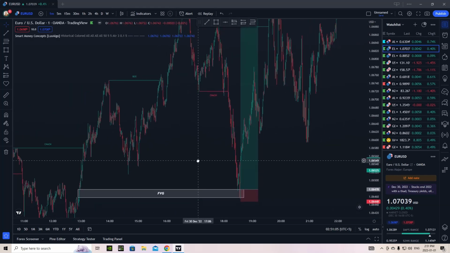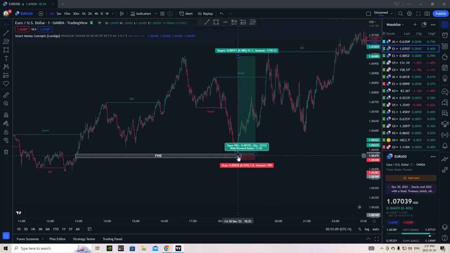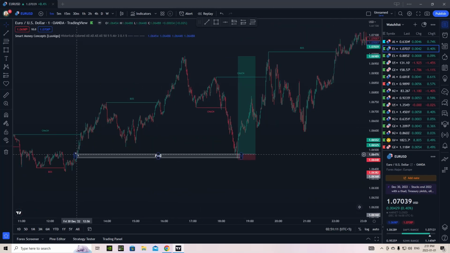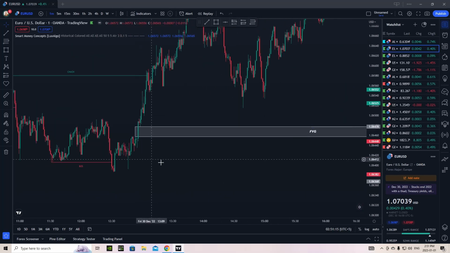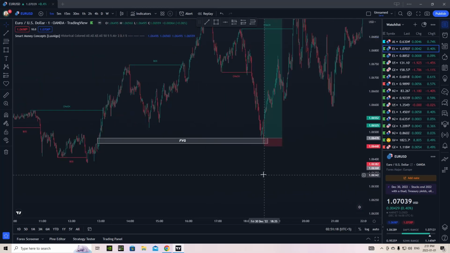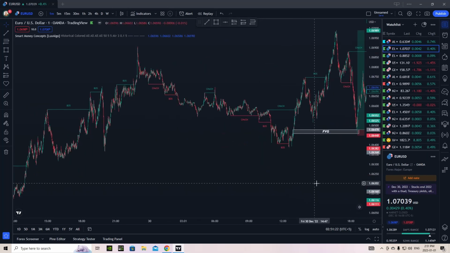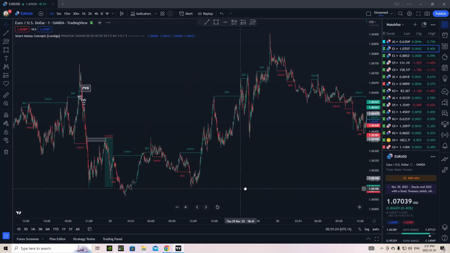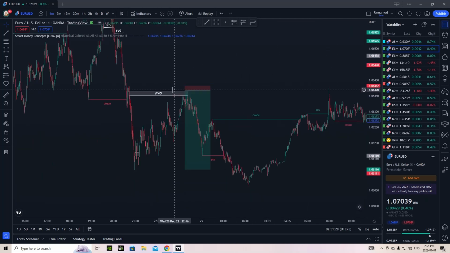Then we have price make its way back up. We have the price retrace back down to our fair value gap because there was imbalance in the market, so the price would have to come back and tap into a point of interest before making its way right to the upside.